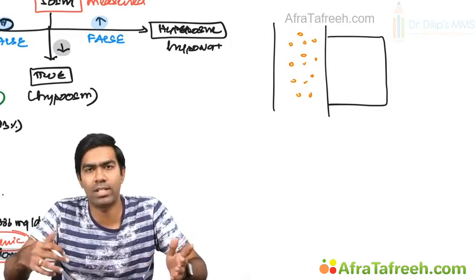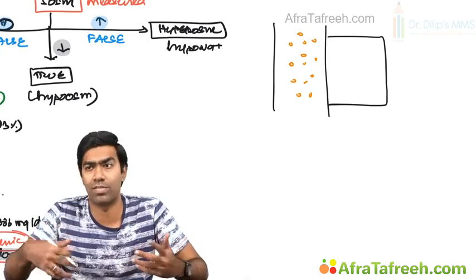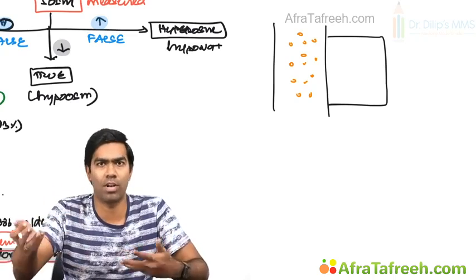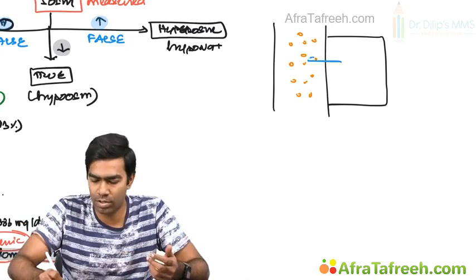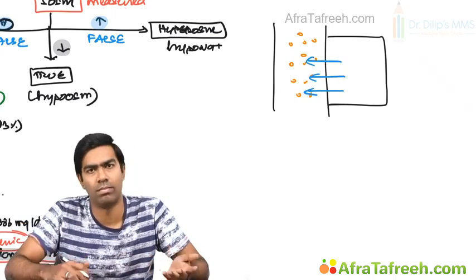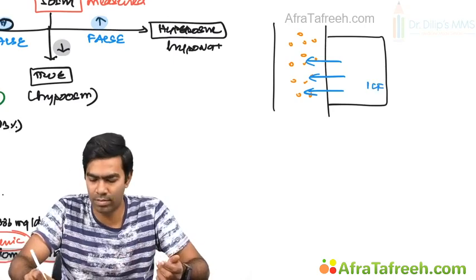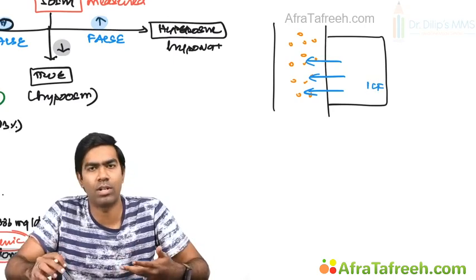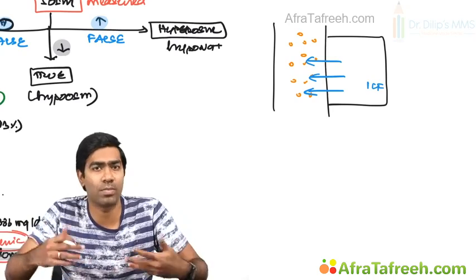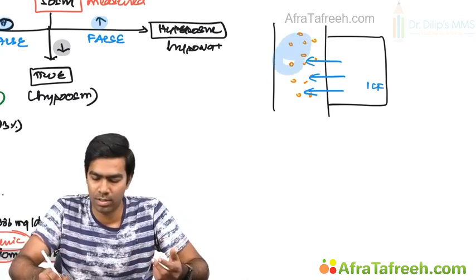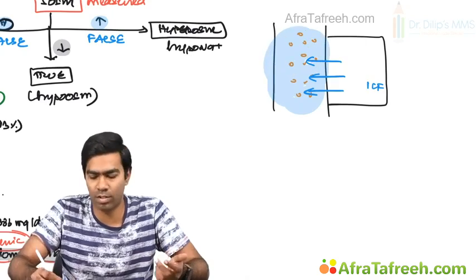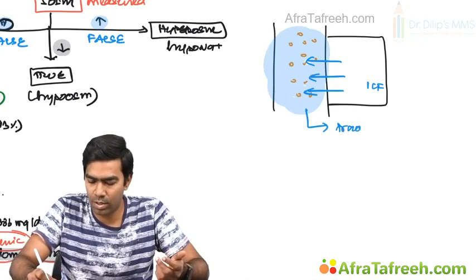That is the reason why they start exerting their osmolar forces from the intravascular compartment or from the ECF, and they're going to cause water shift out of the ICF into the ECF. This water movement out of the ICF into the ECF caused by this osmolar substance is going to result in a transient expansion of the intravascular volume.